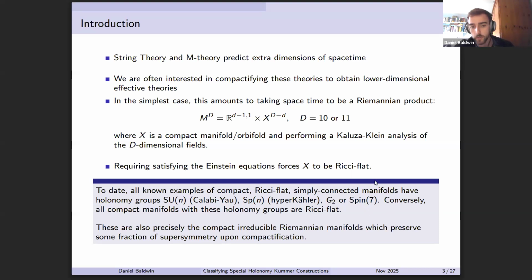Conversely, all compact manifolds with these holonomy groups are Ricci-flat. Interestingly, these are also precisely the compact irreducible Riemannian manifolds which preserve some fraction of supersymmetry upon compactification of string theory or M theory, and that's related to the fact that they have some covariantly constant spinors.